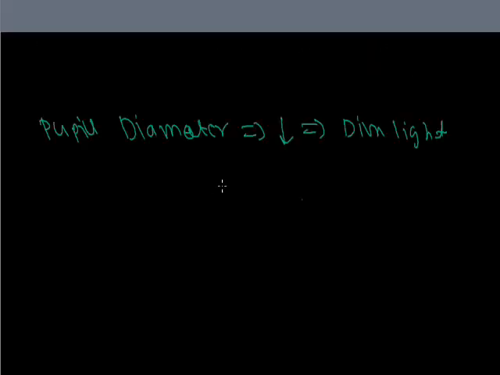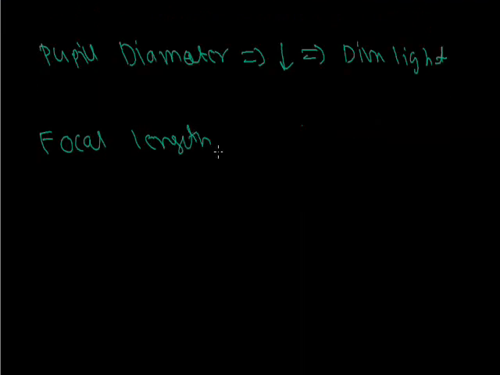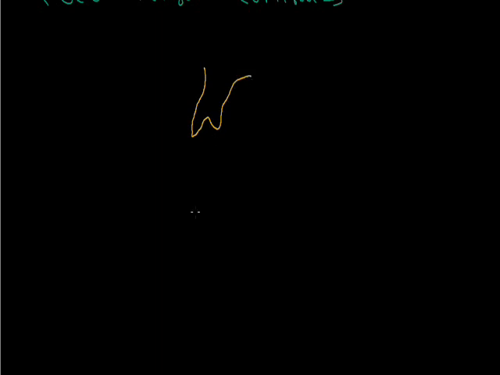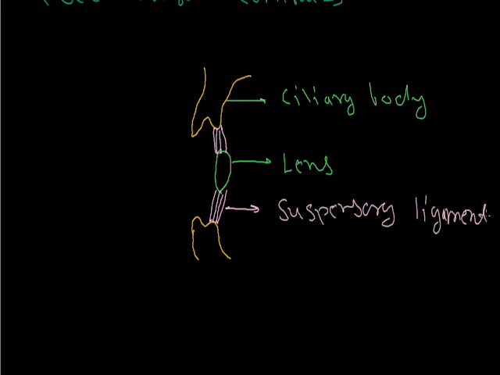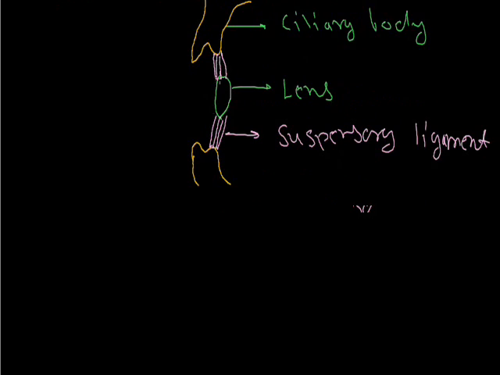And now we discuss focal length control. This is the ciliary body, on both sides, and this is the lens. The lens is connected to the ciliary body by the suspensory ligament. Now see this suspensory ligament.